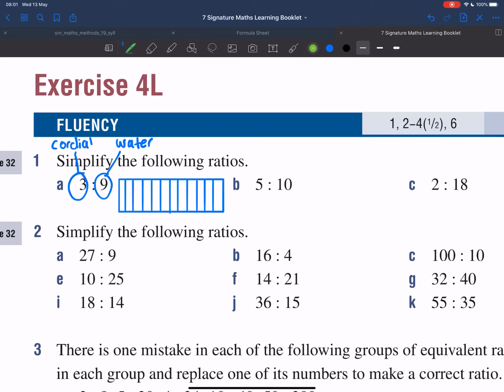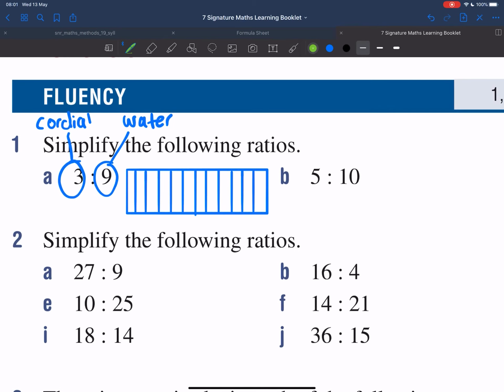So the cordial, let's say we're doing lime cordial. So I'll colour in 3 parts green, 1, 2, 3, to 9 parts water: 1, 2, 3, 4, 5, 6, 7, 8, 9.